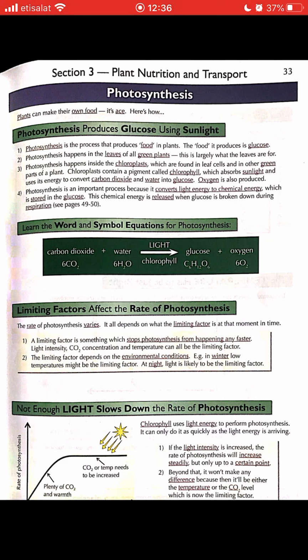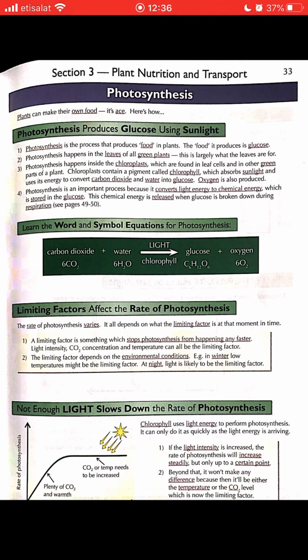Some of it will be used to help make cellulose, which they use to make their cell walls. Some of it will be stored as starch, some will be stored as lipids and fats, and the rest will go to the respiration process. So there are other uses for the glucose that's made in photosynthesis.